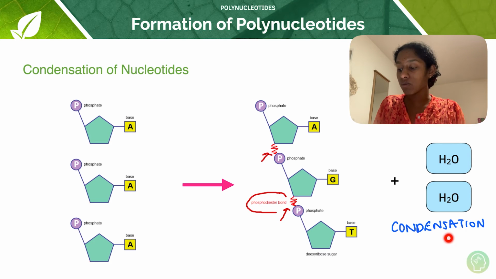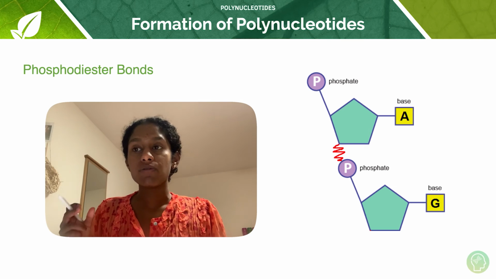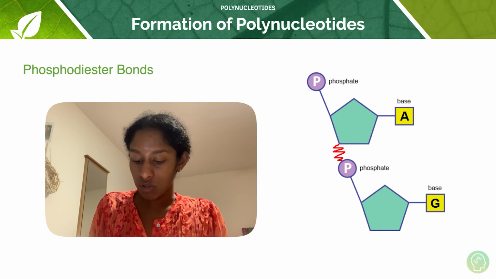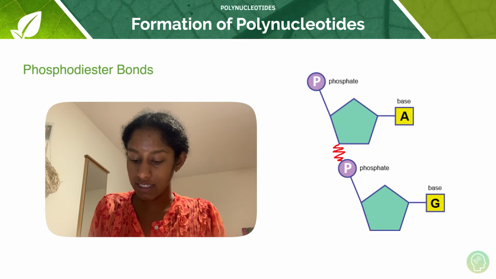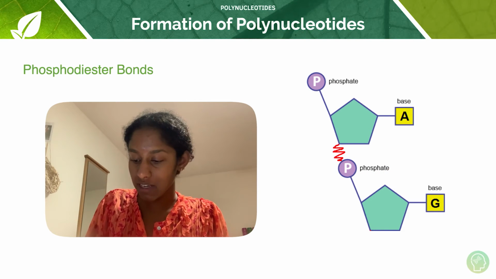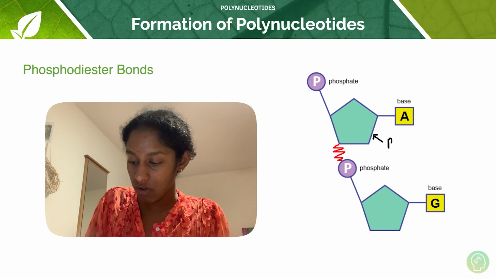We always form water for every new bond that we make in condensation reactions, and the bond that we form in polynucleotides is the phosphodiester bond. So phosphodiester bonds form between the phosphate group of one nucleotide and the pentose sugar of the second nucleotide.